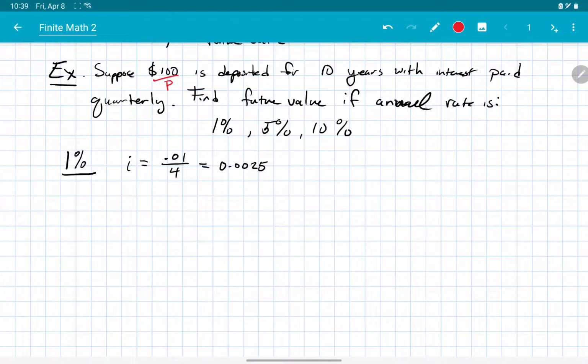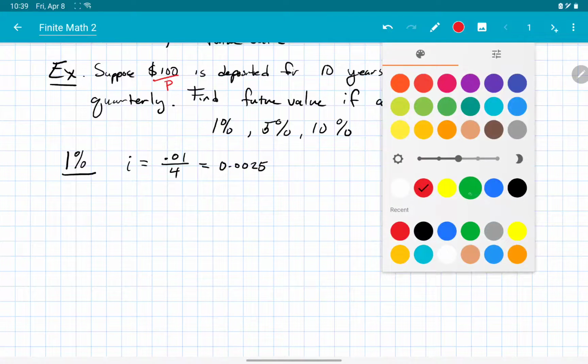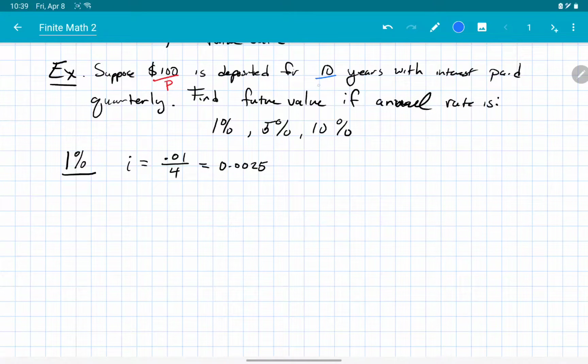This is P. This is not quite N. N is equal to 4 times this, because there are 4 quarters in each year. And we have I now. So the future value in the account after 10 years is going to be (1 plus 0.0025) raised to the 40th power times 100. So that's going to be the future value.